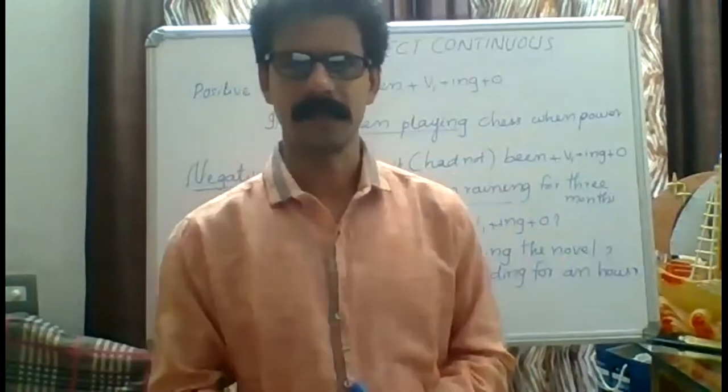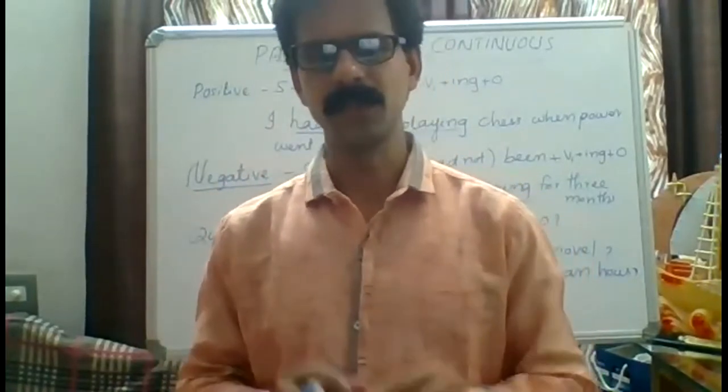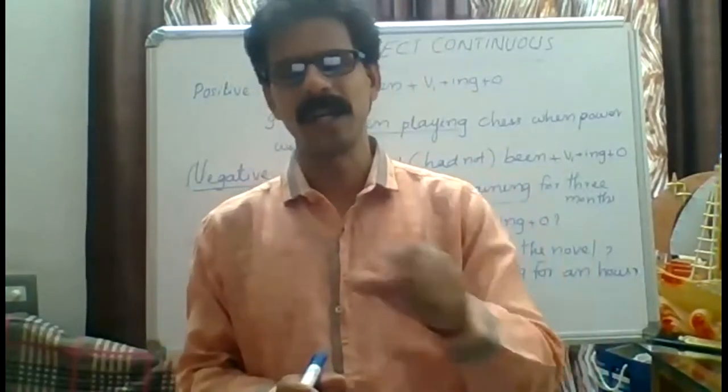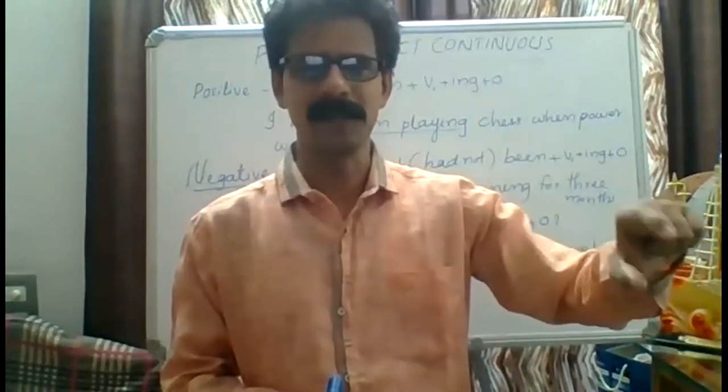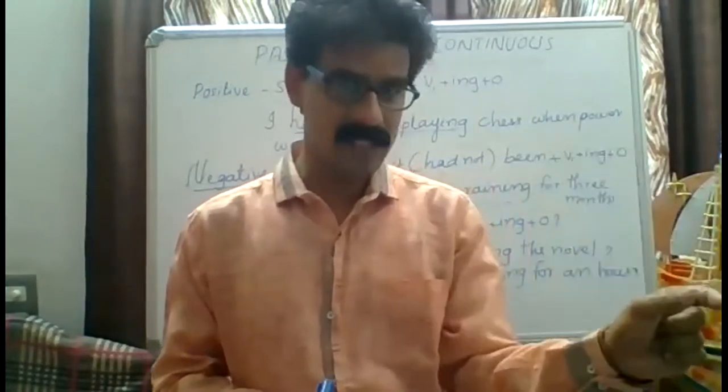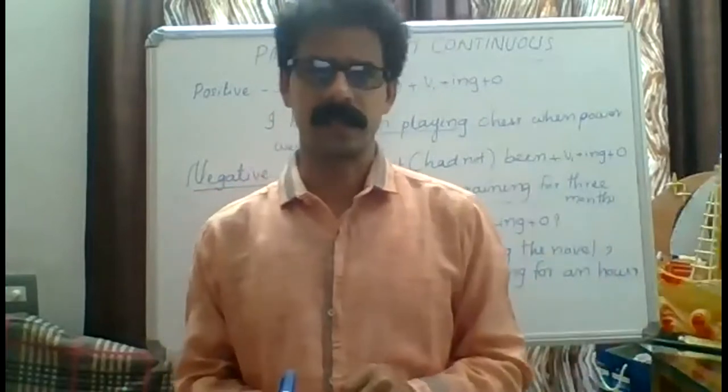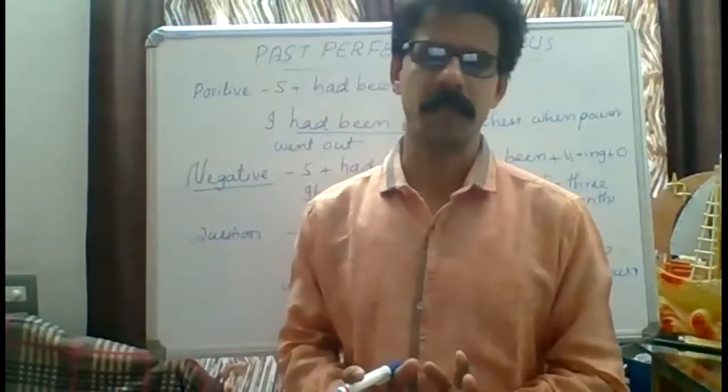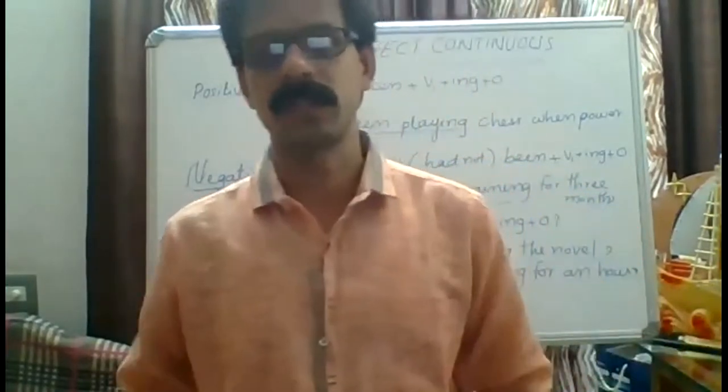This should not be forgotten. Two actions are there. One action happened for a long time in the past, it completes there, and another action started there. Both finished in the past. There is no connection with the present.